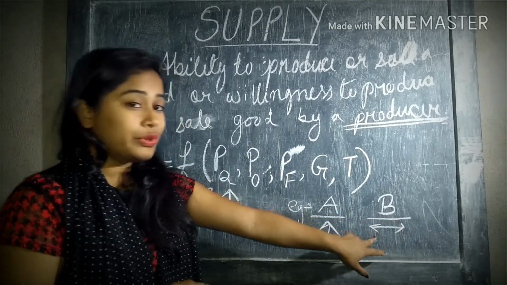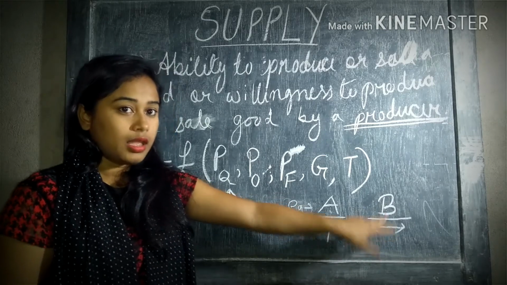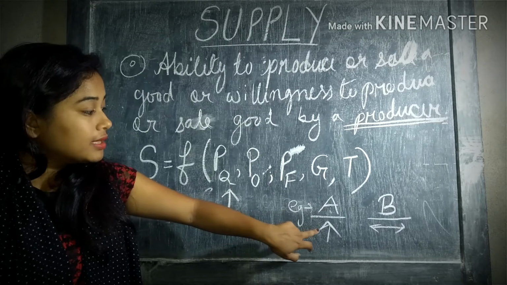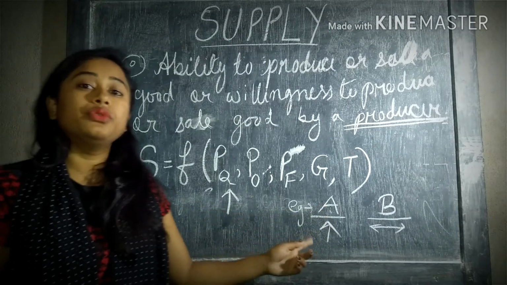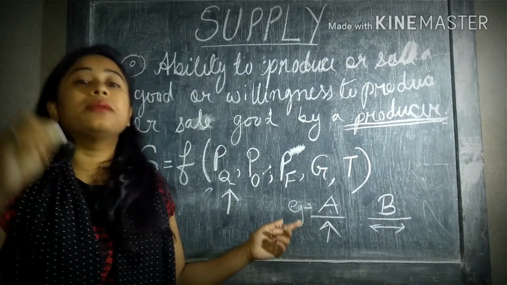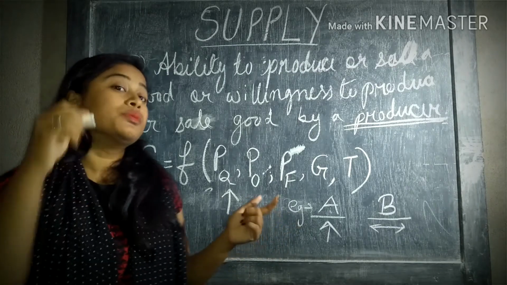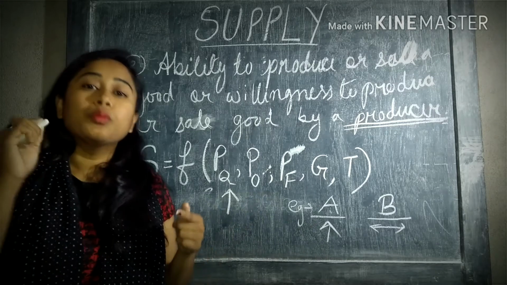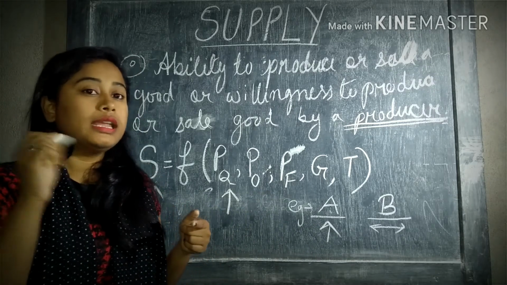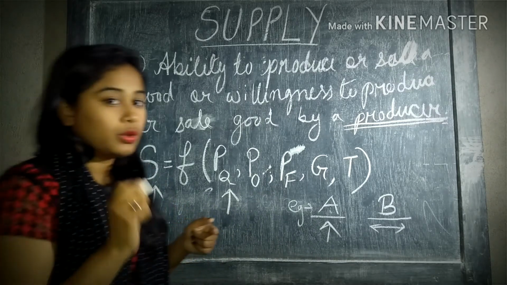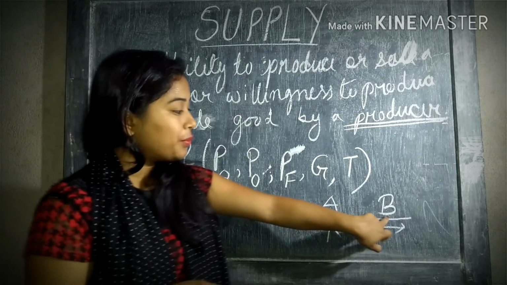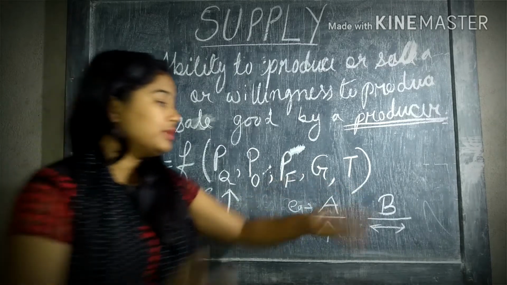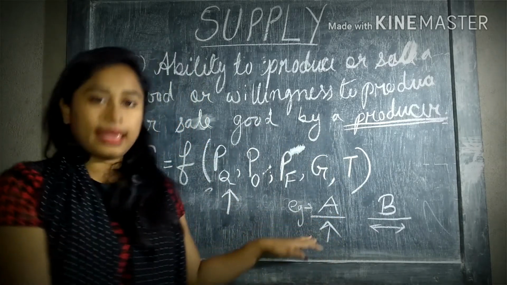He will stop producing good B and start producing good A, because he saw that the price of good A has increased in the market. That means if he produces more quantity of good A, he can make more profit. So he will stop producing good B, or reduce the production of good B, and shift his production to good A.